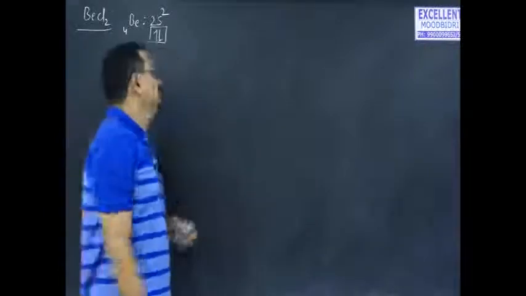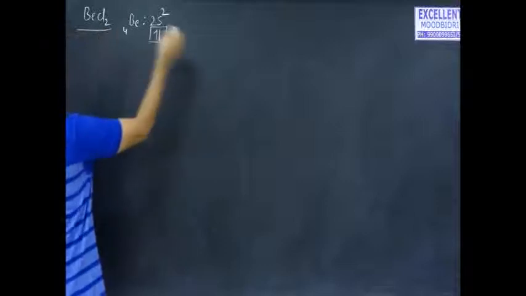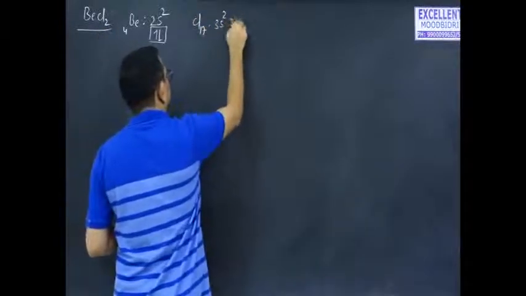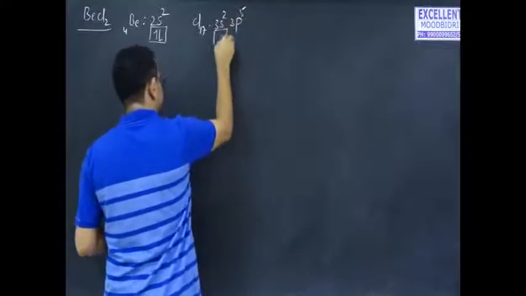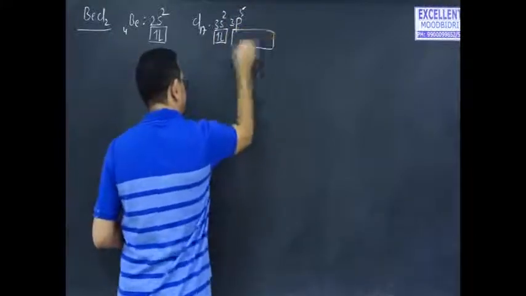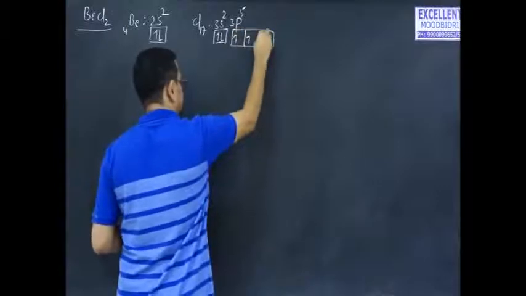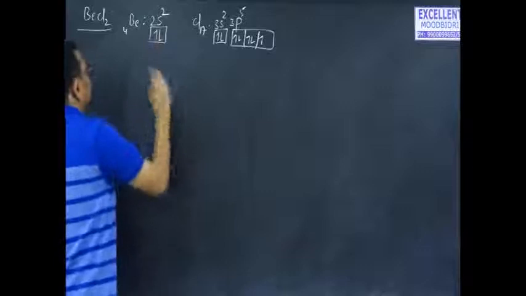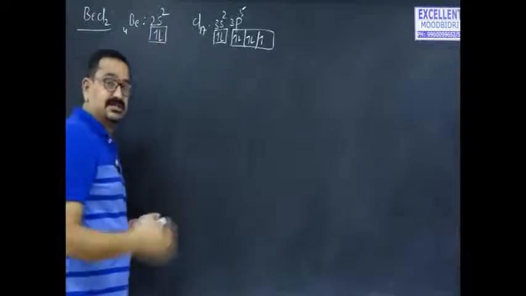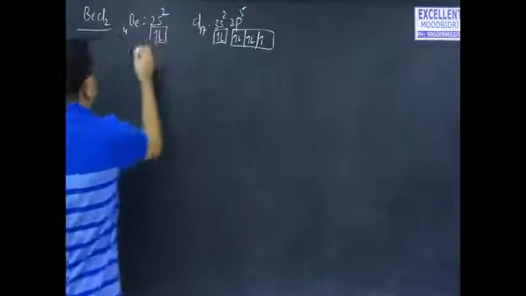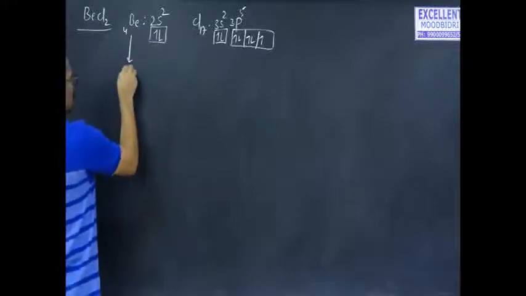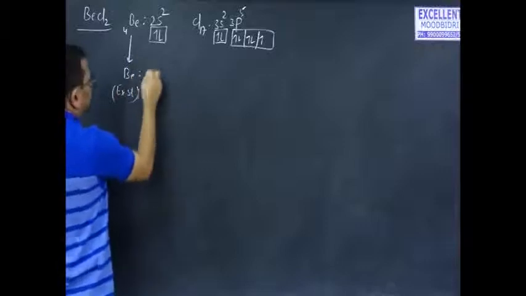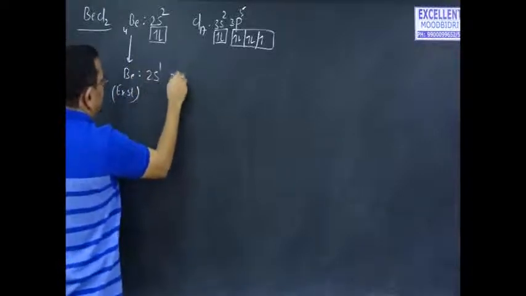Chlorine's outer shell configuration is 3s2, 3p5. When this half-filled p orbital approaches beryllium, repulsion releases energy, which leads beryllium to excitation. So the excited state configuration of beryllium is 2s1, 2p1.